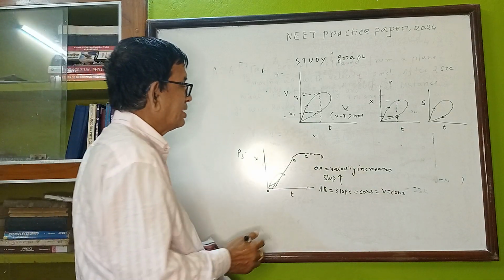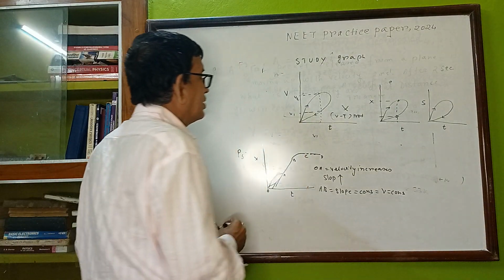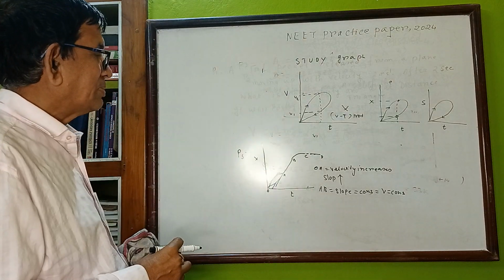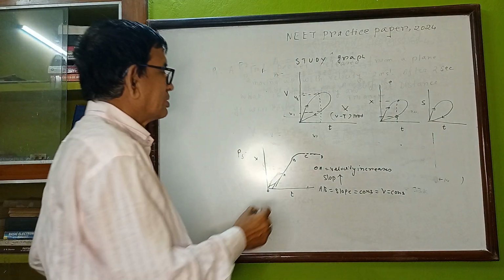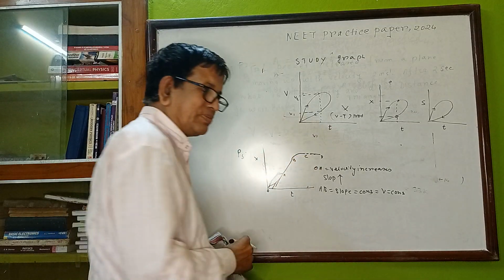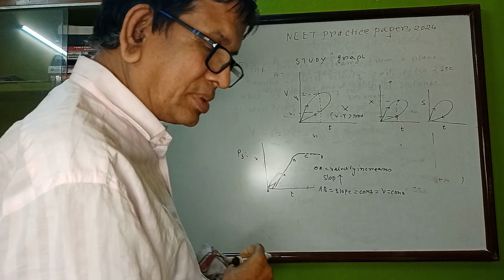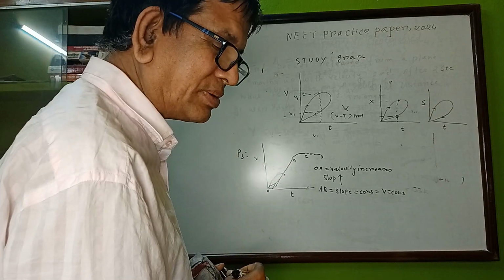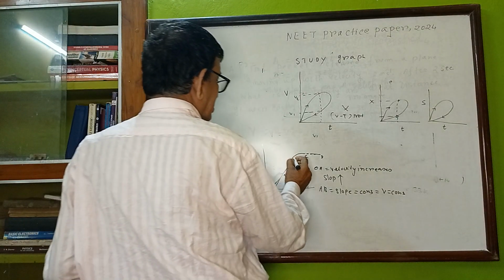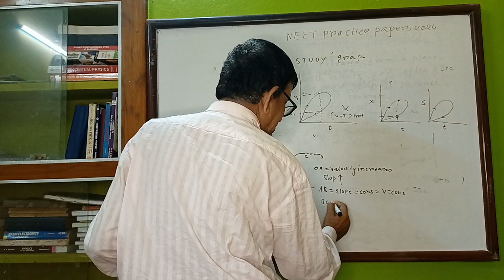After that you see BC. What happens at BC? In the BC portion the velocity decreases because the slope decreases there.